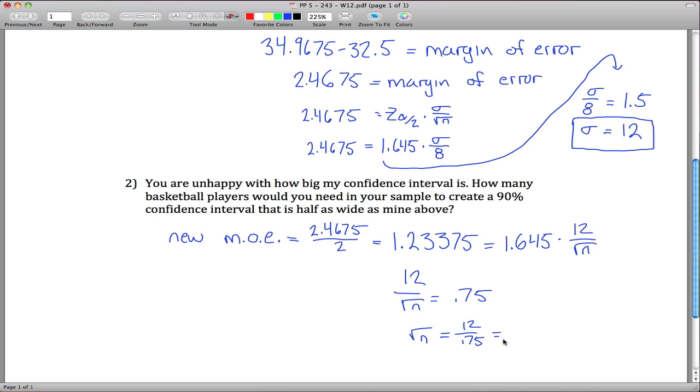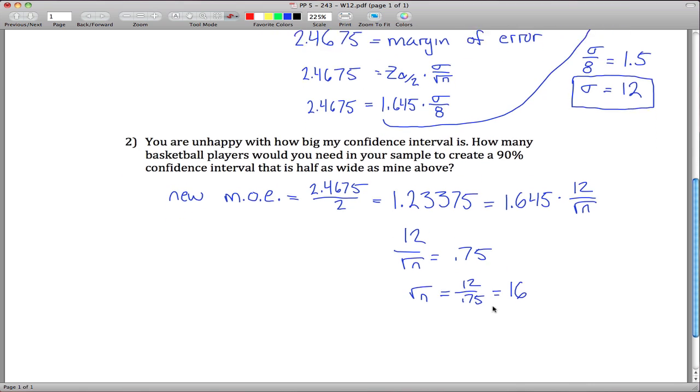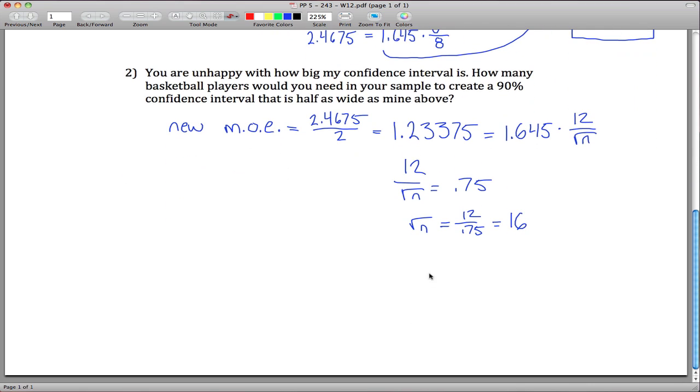Or since 0.75 is just 3/4, 12 divided by 3/4 is 16. So we figured out the square root of n is 16, but that's not what we want. We want to know what n is. So the way you solve for n is you square both sides, and 16 times 16 is equal to 256.